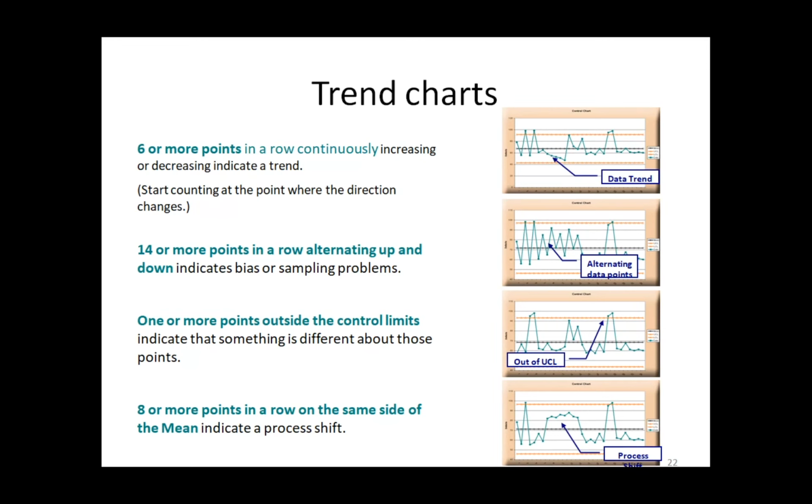For example, 6 points in a row continuously increasing or decreasing. Although we may not be looking at a very big dip or peak, they still indicate that something different has happened in the process. So if we are a good reader of these trend charts, and we know our processes well and we know the data is right, then sitting at our desks we can make out that something different is happening in our processes.